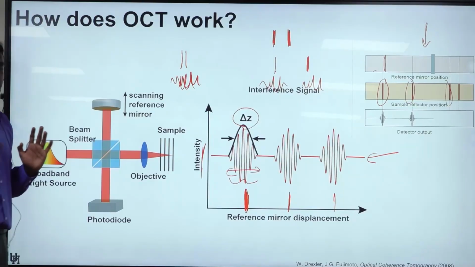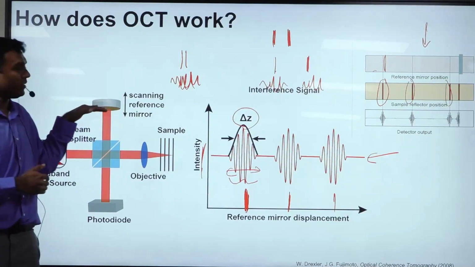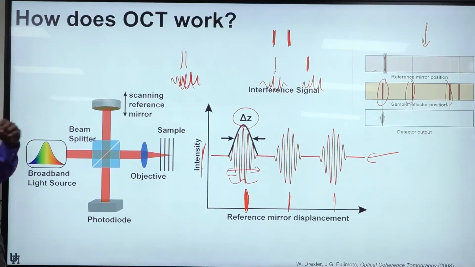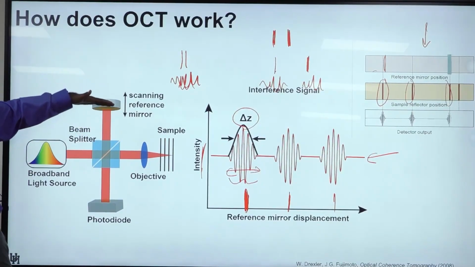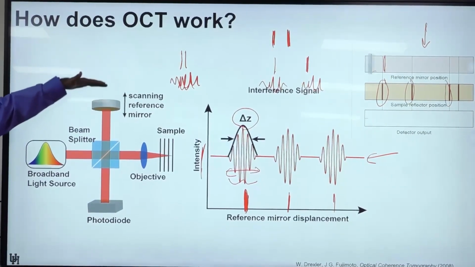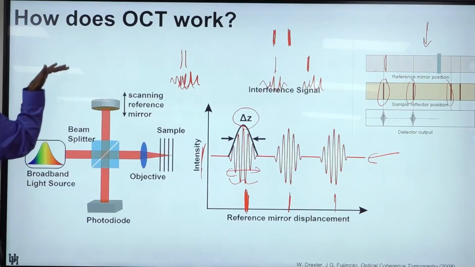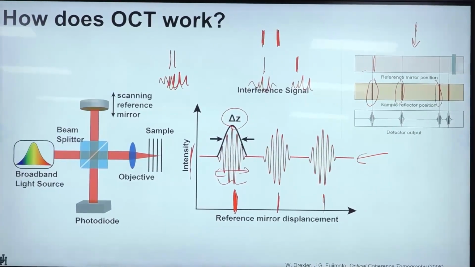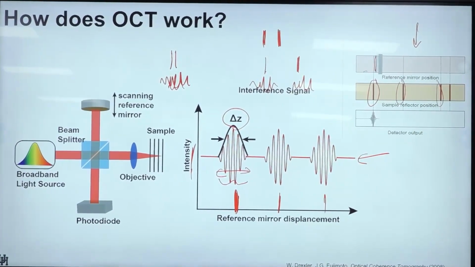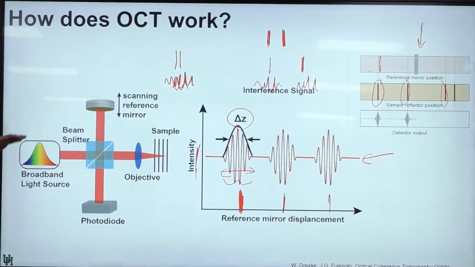And that is the beauty of interferometry. You don't need to measure time. All you need to do is measure the distance. And distance you can control however precisely you want, whatever way you want. So that's essentially the underlying idea behind OCT.